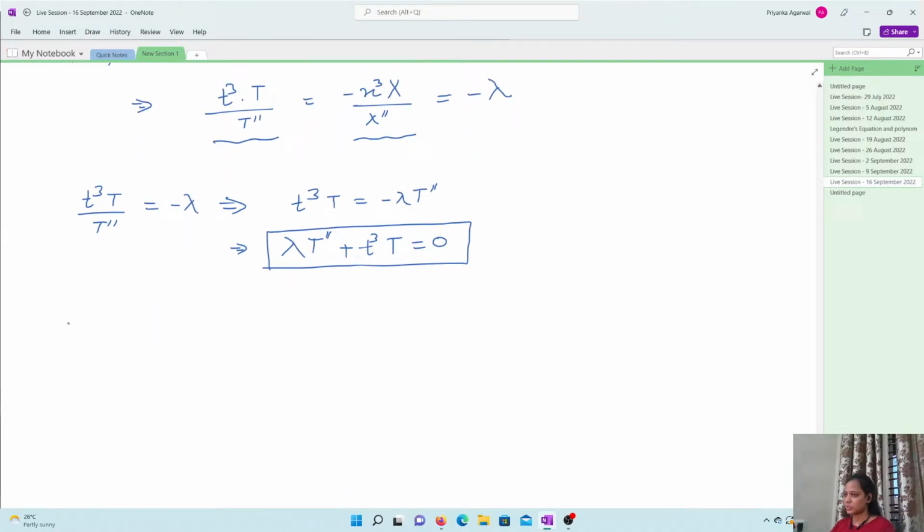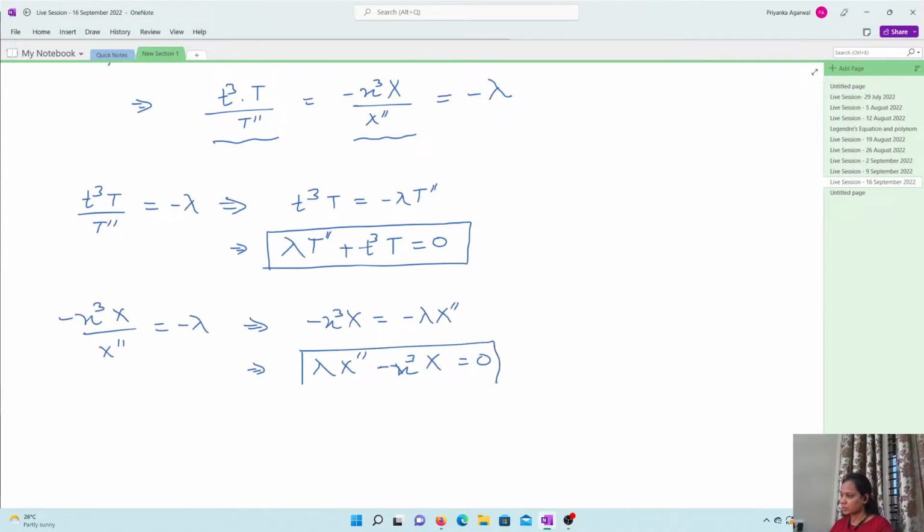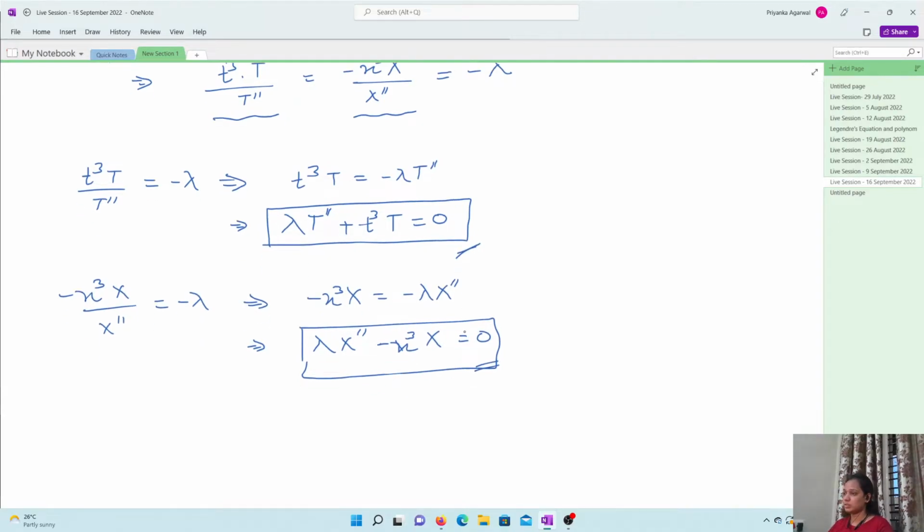The other equation will be minus x cube X over X double dash equals to minus lambda, and that becomes minus x cube X equals to minus lambda X double dash, and this becomes lambda X double dash minus x cube X equals to 0. So these are the two equations, and this is what was asked in the question.